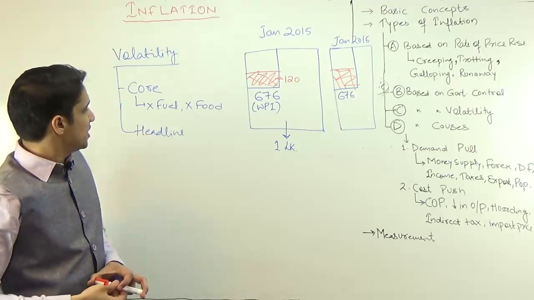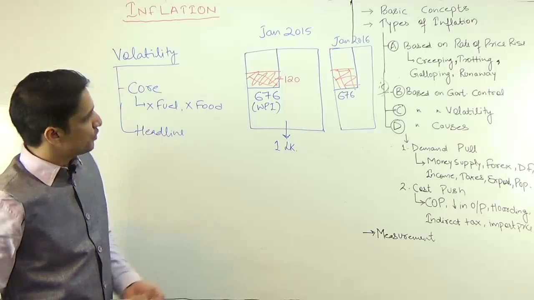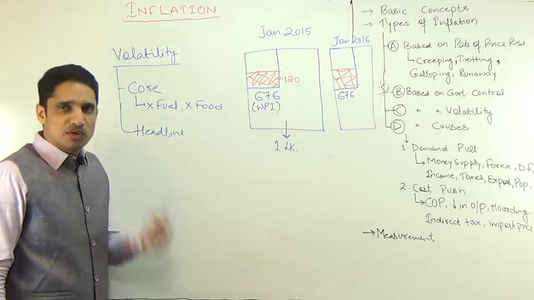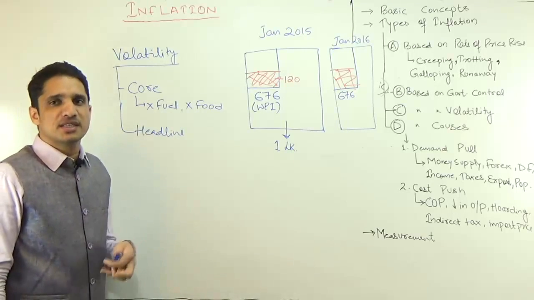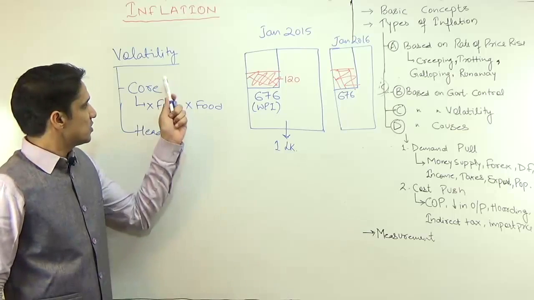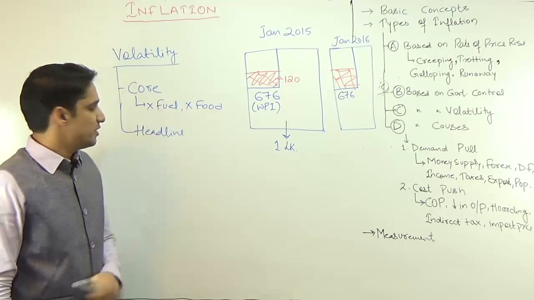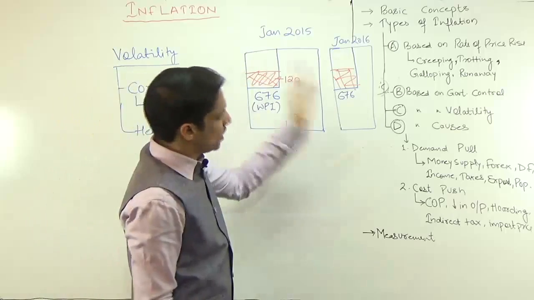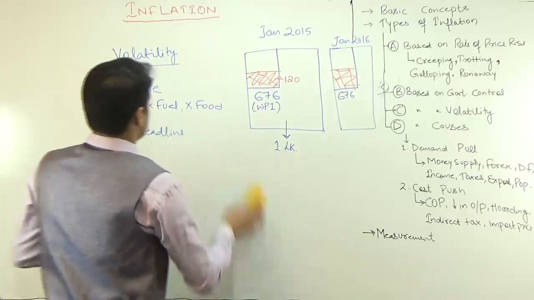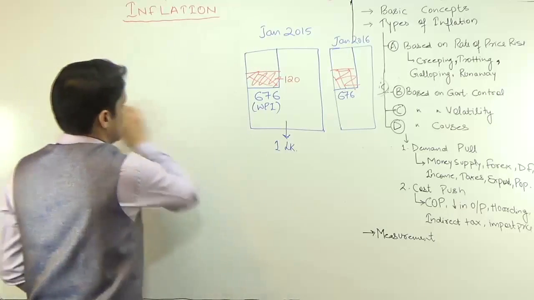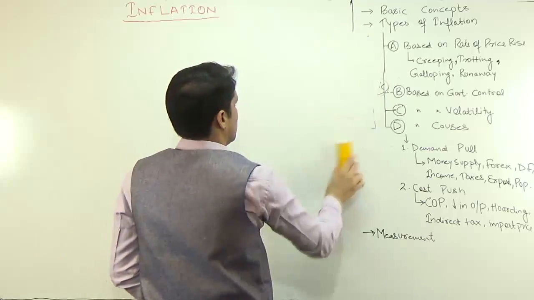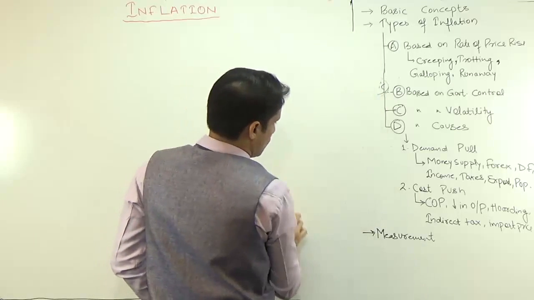So core inflation is the type of inflation in which you have removed the commodities whose prices are highly volatile. And headline inflation means total commodities, all 676 items you are comparing, that is known as headline inflation. So in India we measure headline inflation as well as core inflation.